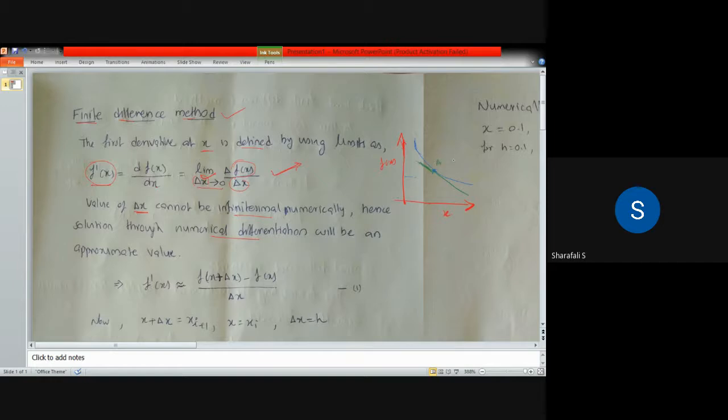Let's say this is point A. Now consider another point somewhere here, which is point B, and if you draw the tangent for that point, it will be like this. This drawing may not be that good, but you can see that these two tangents make a large angle between them.